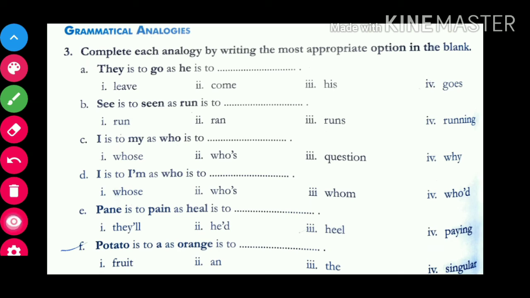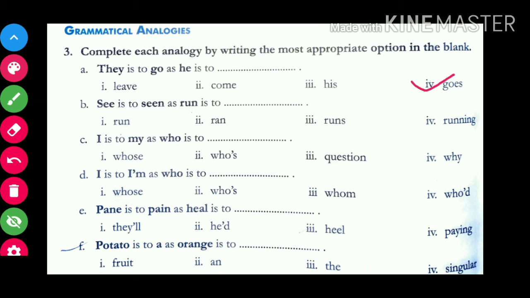What would be the answer? Goes. If you remember, with the plural form of noun we use a plural verb, and with the singular form of noun we use a singular verb. So it would be goes.